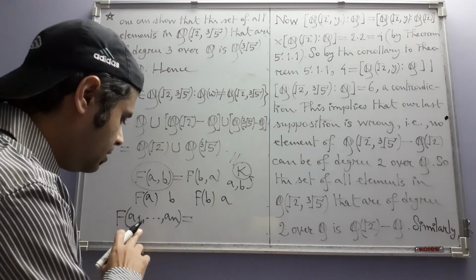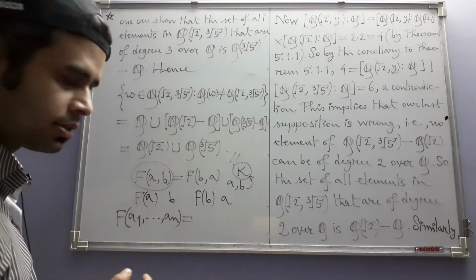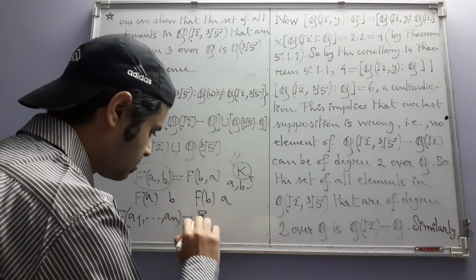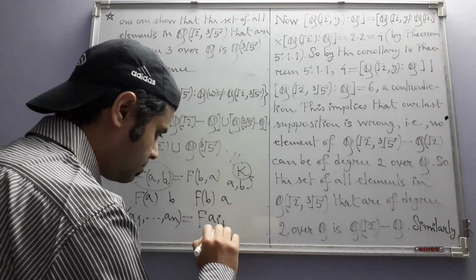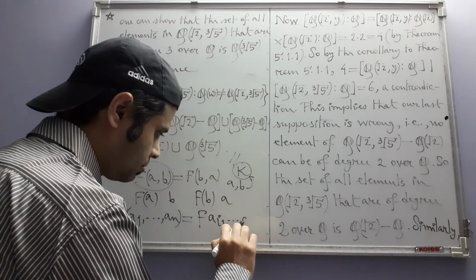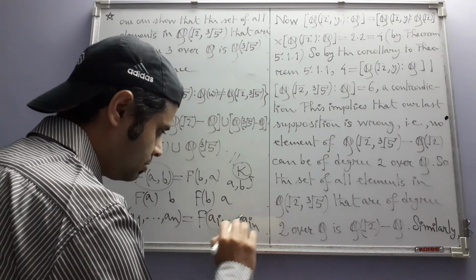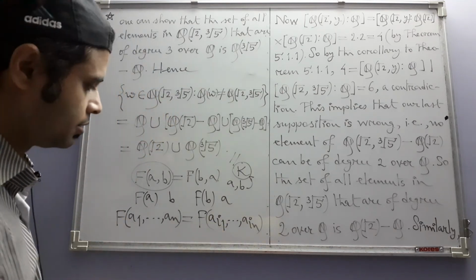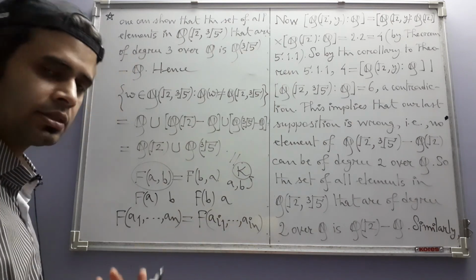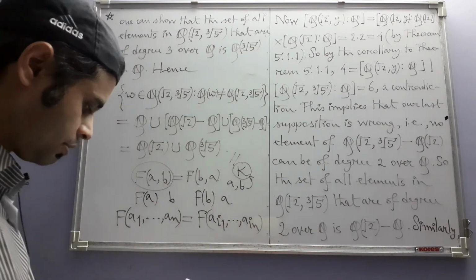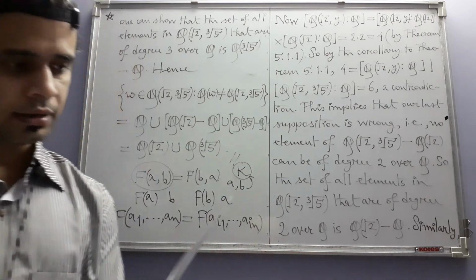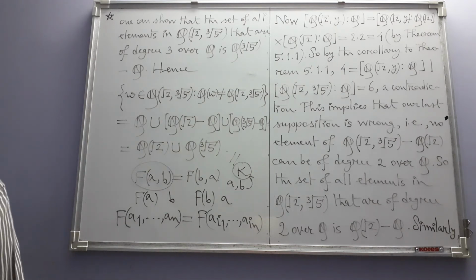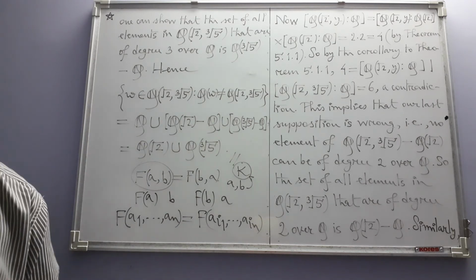You can take any permutation of the indices, and loosely speaking, you can change the order of these elements in whatever way you want. Still you will end up with the same extension. So this we will see, and then there are some other things also.